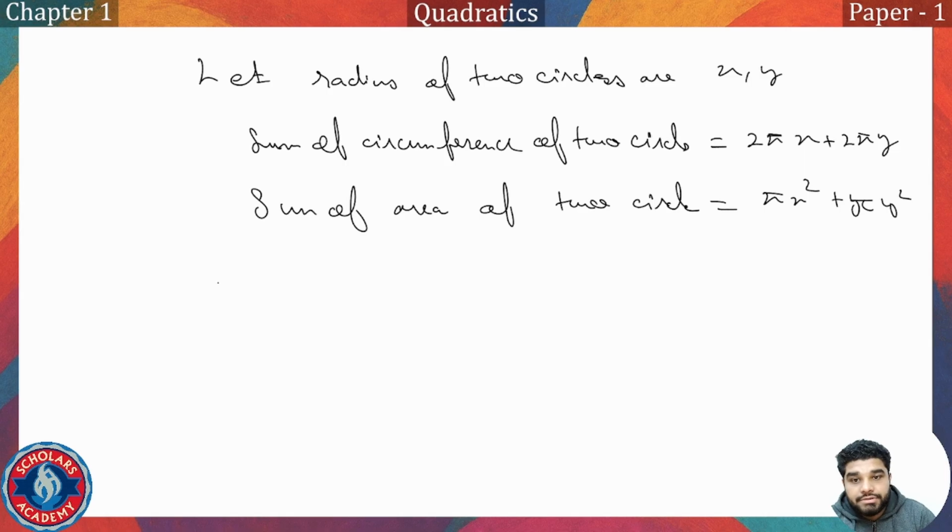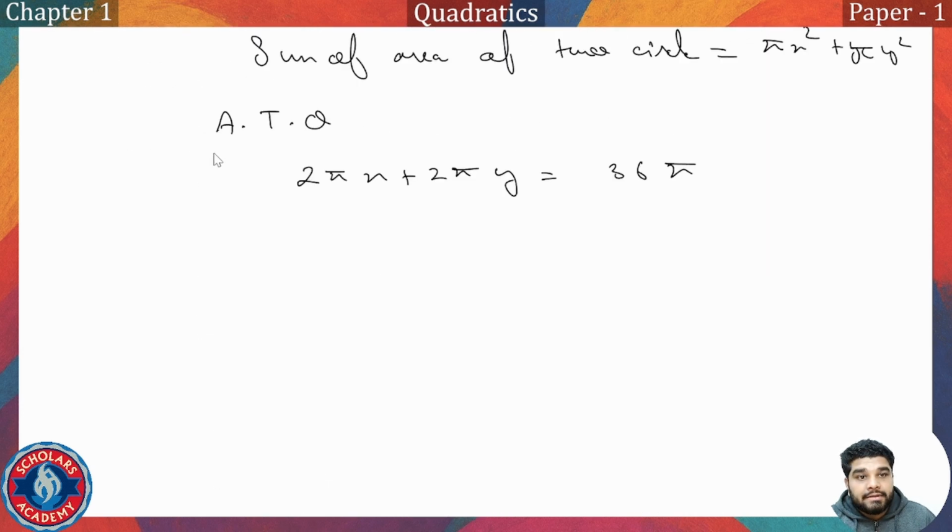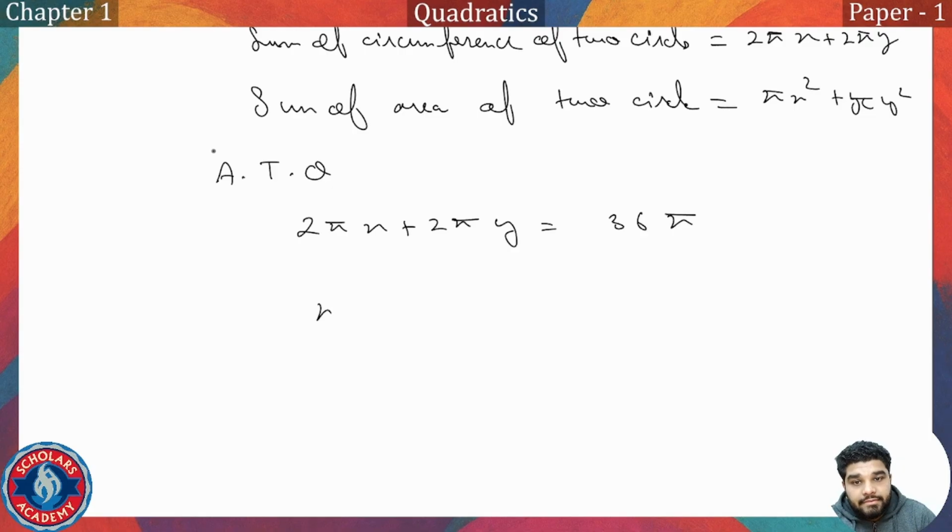So according to the question, 2 pi x plus 2 pi y is equal to 36 pi, and the sum of the area is given as 170 pi. So pi x square plus pi y square is equal to 170 pi, right?